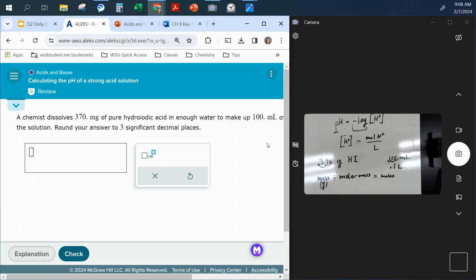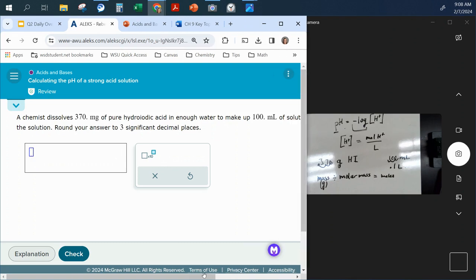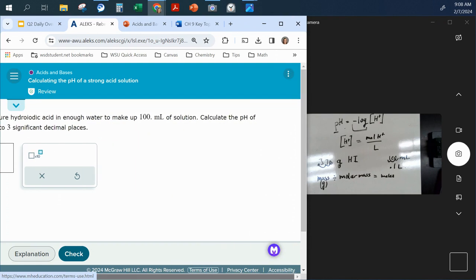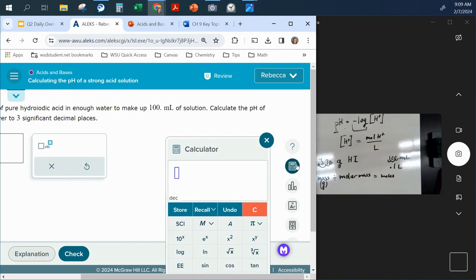All right, let's do that. So I'm going to take the mass in grams, 0.37. I'm going to divide by the molar mass. I don't think they give it to us. Nope.